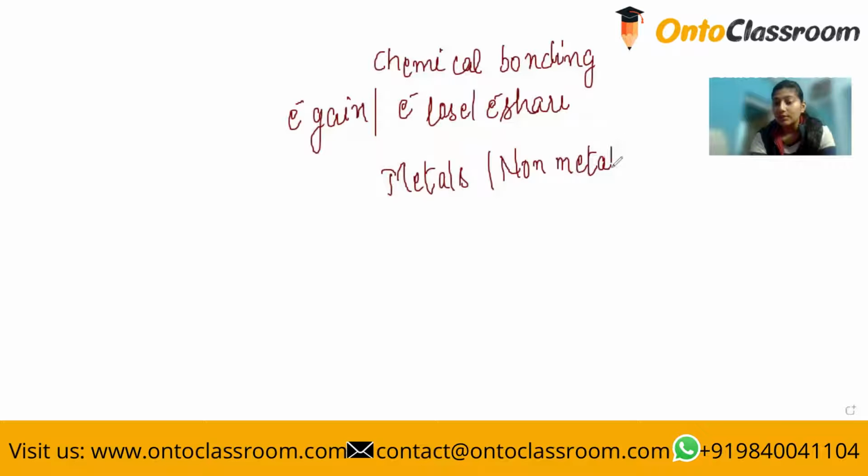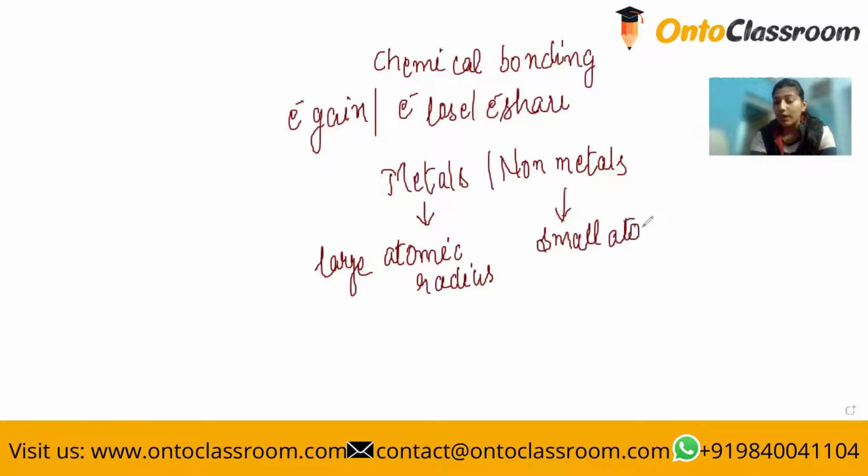We have discussed this before: metals are substances which have a very large atomic radius, so their ionization potential is very low. But non-metals have a very small atomic radius, so their effective nuclear charge is very high, and so they have very high electron affinity.